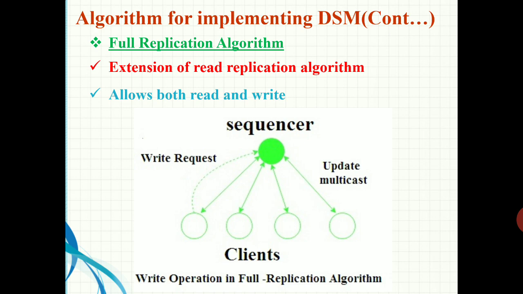After some time, it assigns a sequence number and multicasts the updates to the corresponding nodes which have copies of the data block. Then, based on that particular sequence number, they can perform the update operation. That is about the sequencer and the write operation in the full replication algorithm. Okay, thank you.